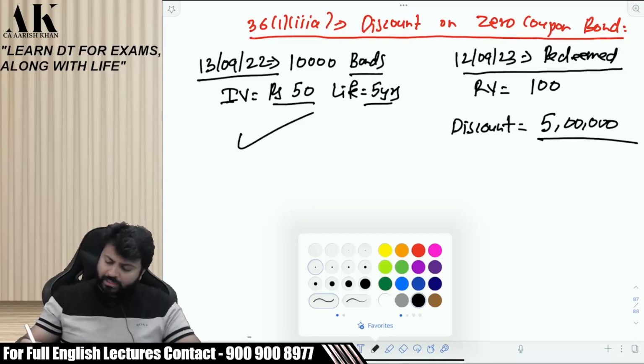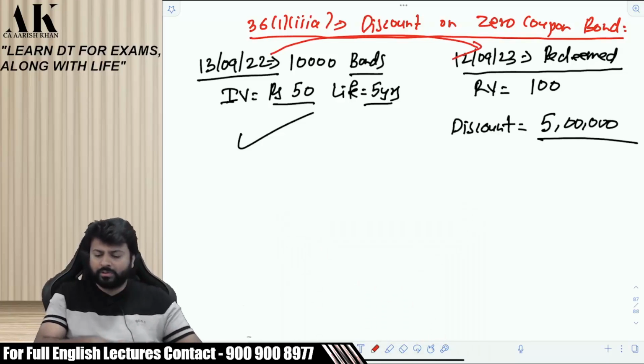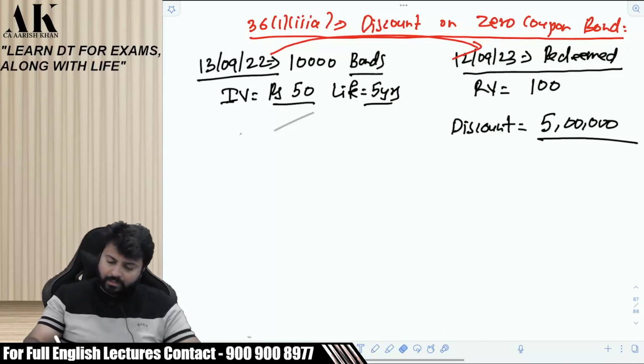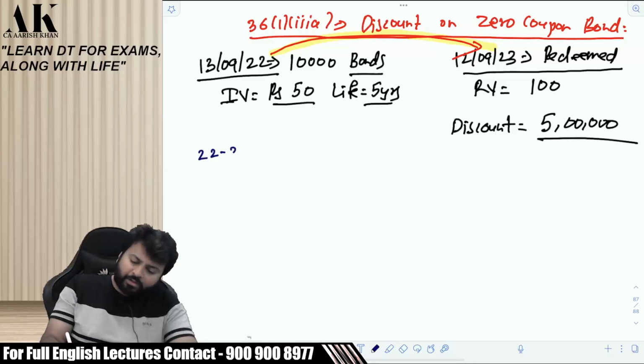Now from year to year, I have to compute months. How will I compute months from year to year? If you go from year to year, and see properly and minutely, pay attention please, all of you, there are 6 financial years, not 5. I am listing them down. First financial year 22-23. Do you agree?